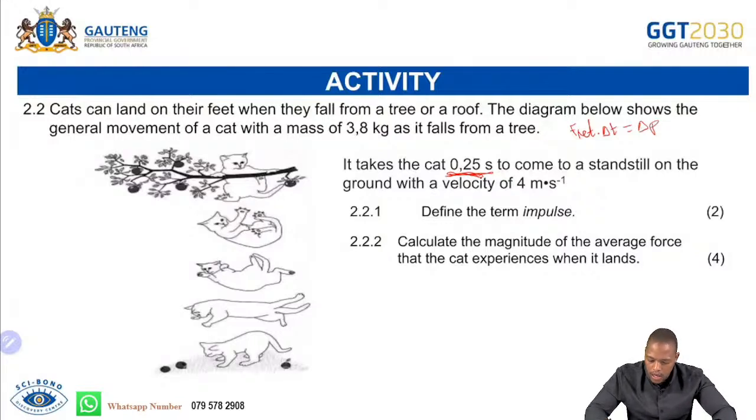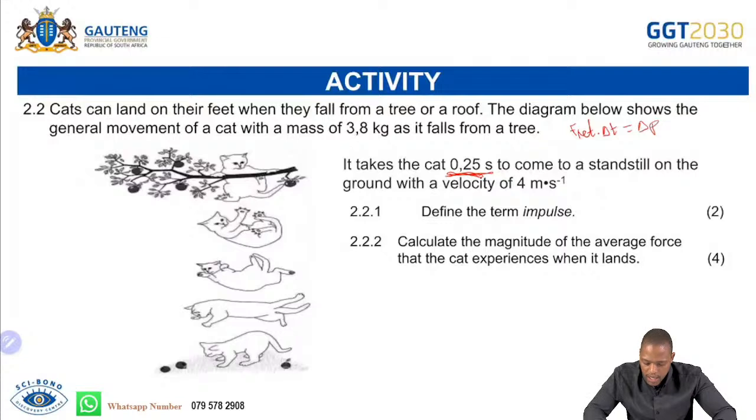Okay, it takes 0.25 seconds to come to a standstill on the ground with a velocity of what? 4 meters per second, right? So it was moving with a velocity of 4 meters per second as it was falling.